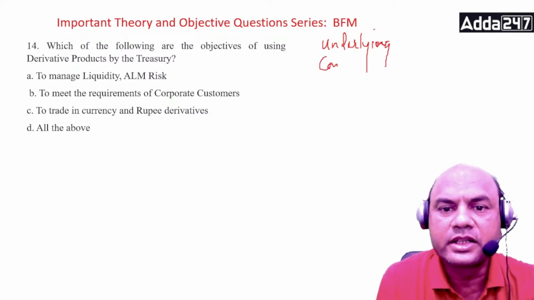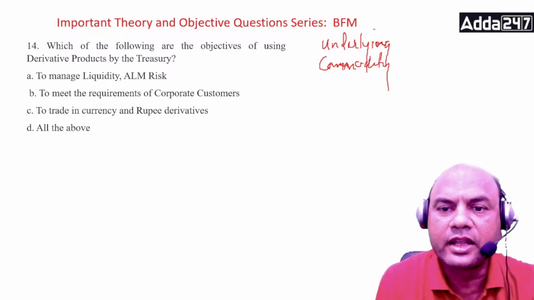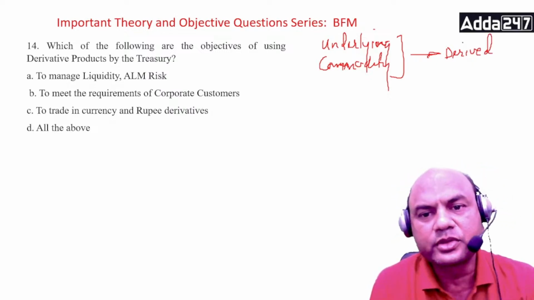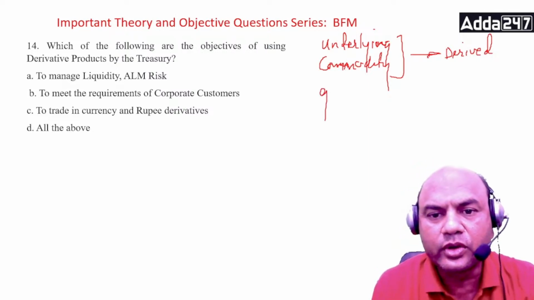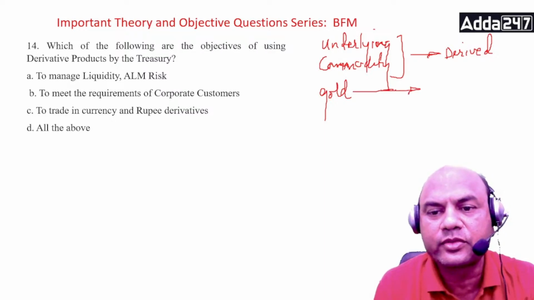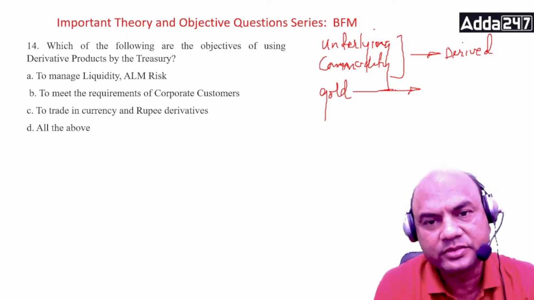It doesn't have its own existence. So suppose, for example, if I am having gold, I can have gold derivatives. If I am having dollar, then I can have dollar derivatives.